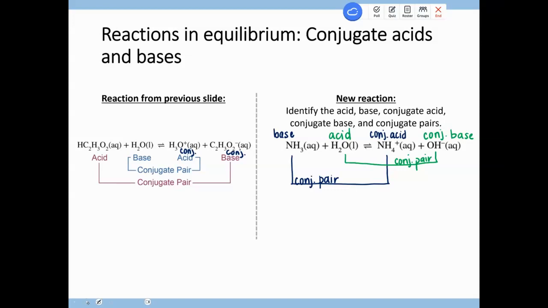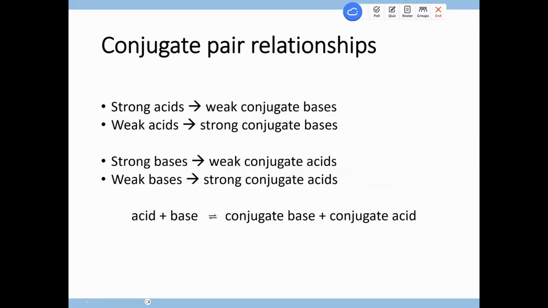Okay. So we see here each base has a conjugate acid, acids have a conjugate base. The strength of the acid or base provides information on the strength of the conjugates. So here's the trend. For acids first, a strong acid will produce a weak conjugate base. A weak acid will produce a strong conjugate base. Strong bases produce weak conjugate acids.